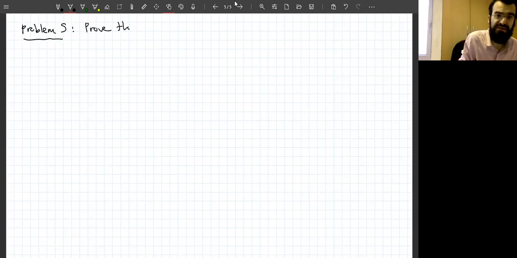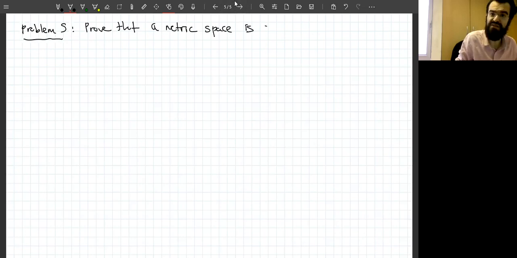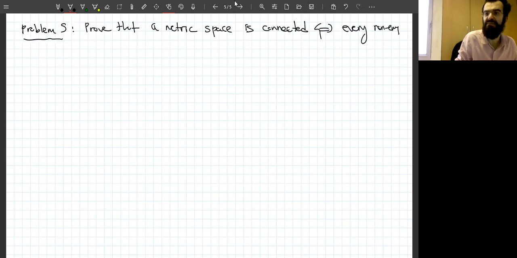Prove that a metric space is connected if and only if every non-empty proper subset has a non-empty boundary.